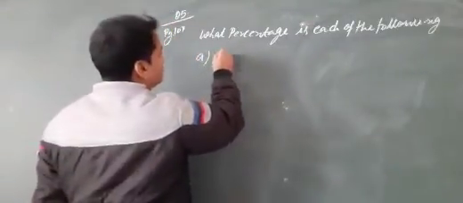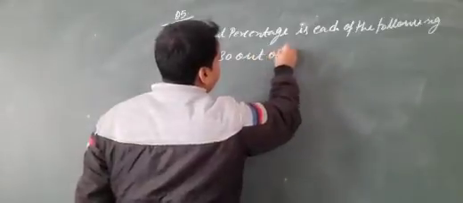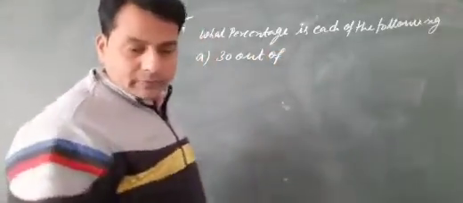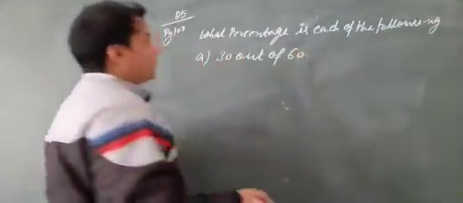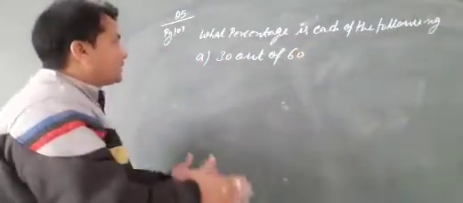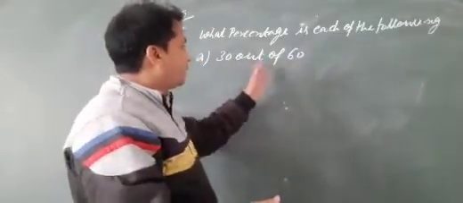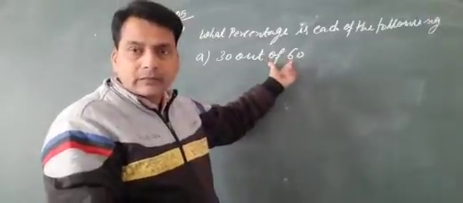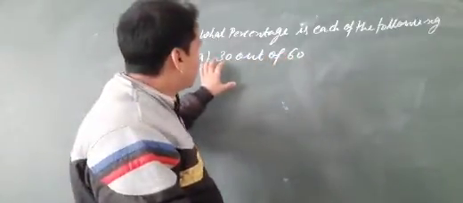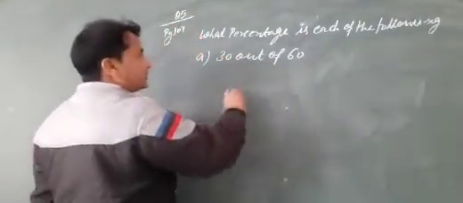The total value given here is 60, and we have 30 out of 60. Then write it as a fraction.